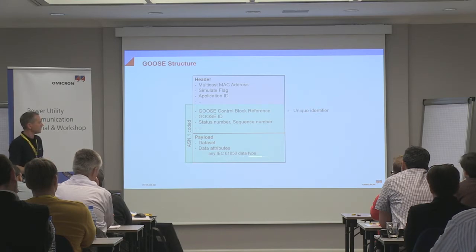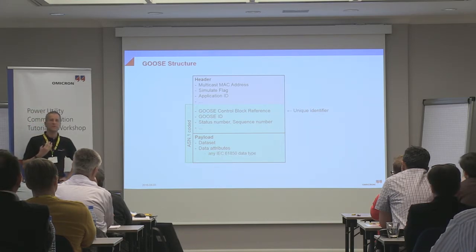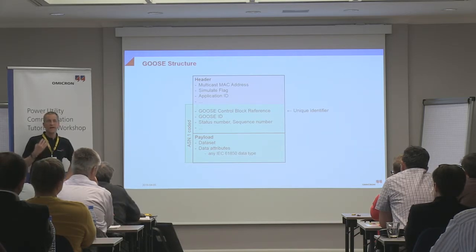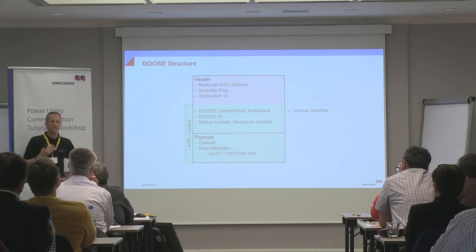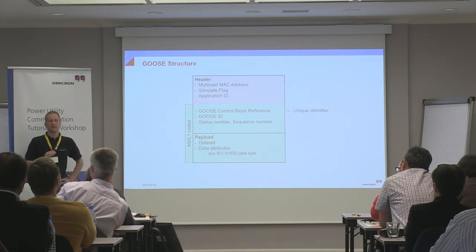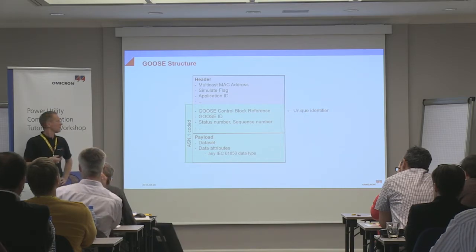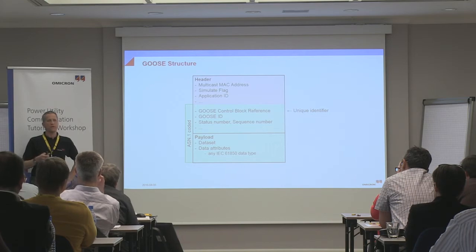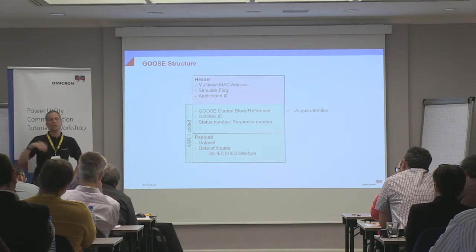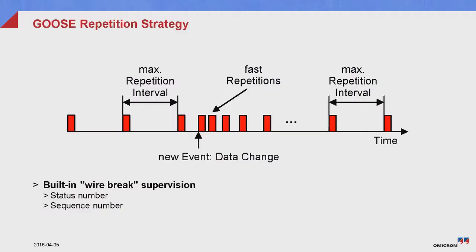In principle, there could be any attribute of any data type in 61850. Today, we mainly have Boolean or binary information there, but the GOOSE is absolutely not restricted to that. We could also transfer a measured value. Some people use the name analog GOOSE for that, when this kind of information is conveyed.